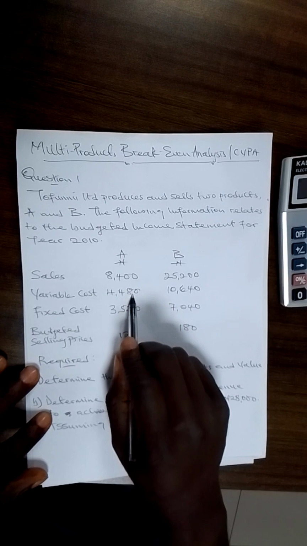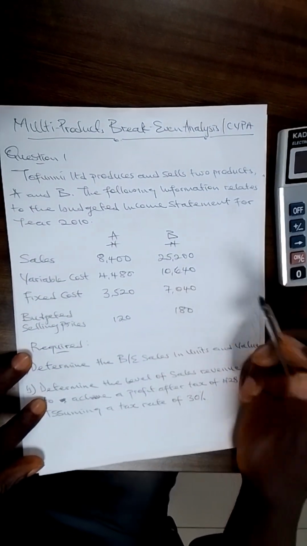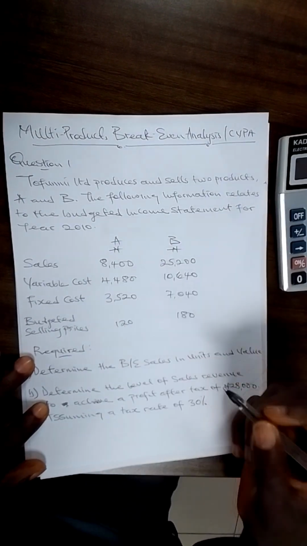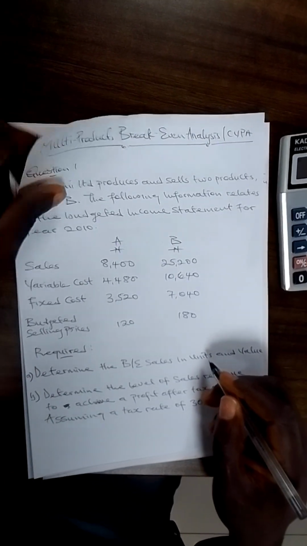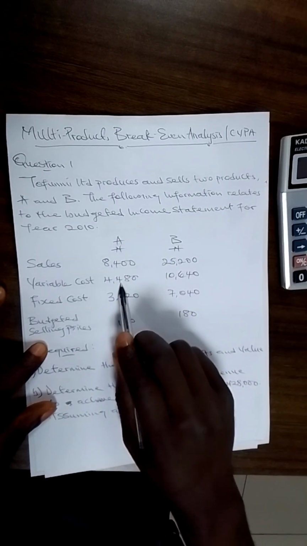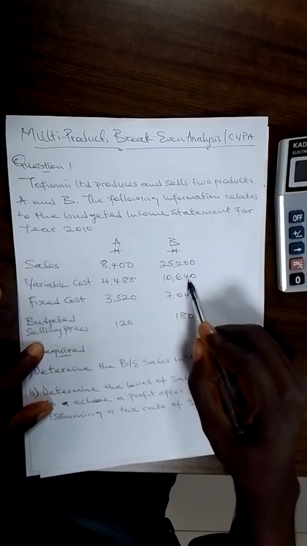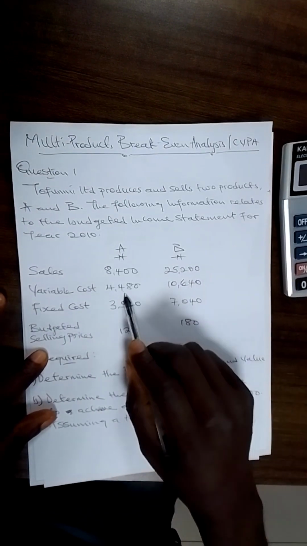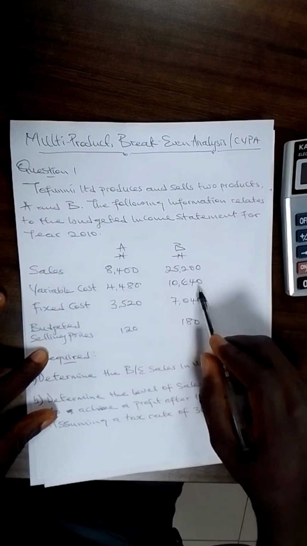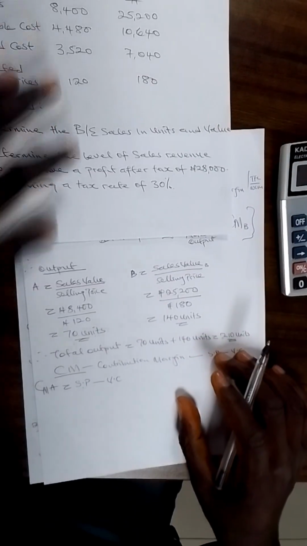This is variable cost in total. So how do we get the variable cost per unit? We divide the total by the output of A, and we also divide by the output of B. Of course, we have computed the output of A and of B. So let's look at how to determine this.